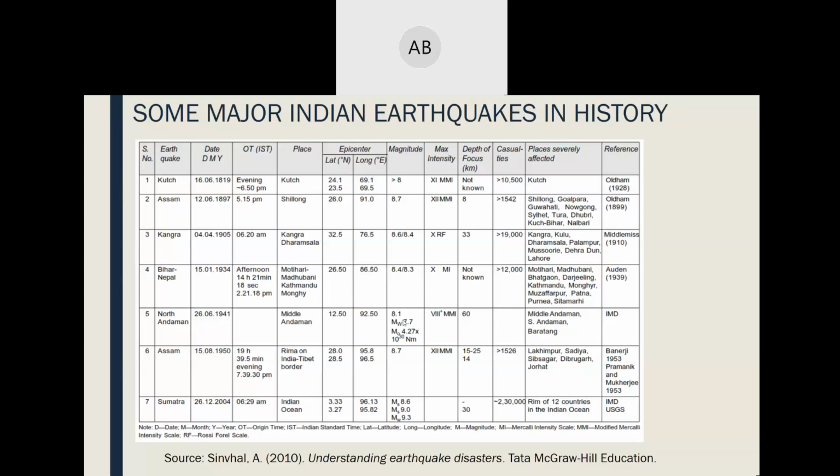I am not going to talk about all the earthquakes. The other major earthquake in Assam was in 1950. I think this was in 6, so 12th June, okay? And then it is the 15th of August 1950. So if you look at the time period, 1897, almost 1900, and then 1950, it was a period of around 50 years.